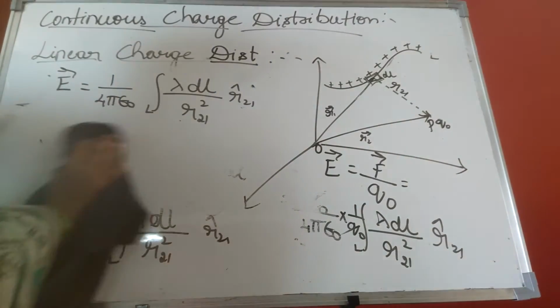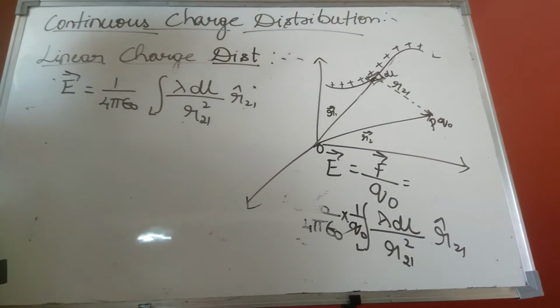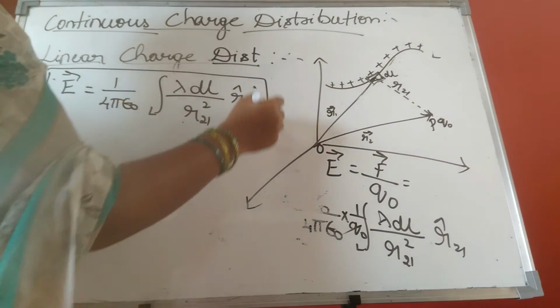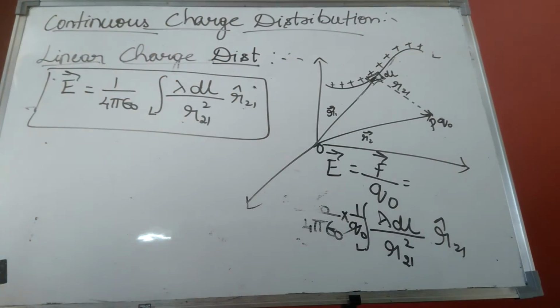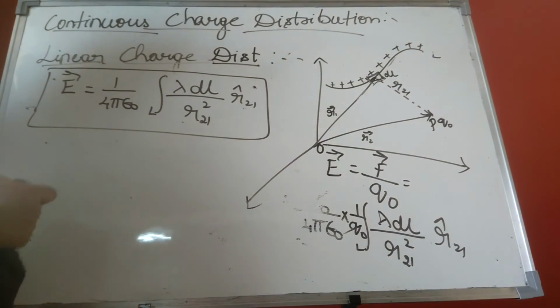So the expression for the electric field intensity of a linear charge distribution comes out to be vector E equal to 1 by 4 pi epsilon naught times the line integral of lambda dl divided by r21 square into r21 cap. For 2 marks it might be asked, so please be aware of it. If you are clear with that, I'll move to the next one.